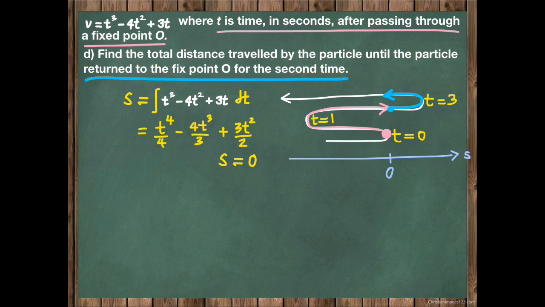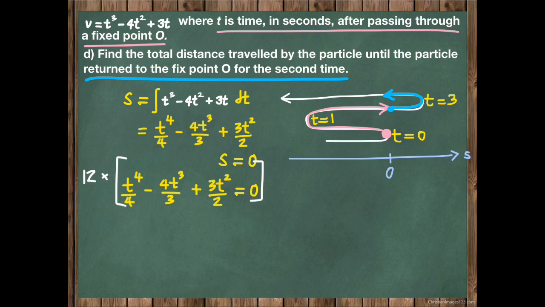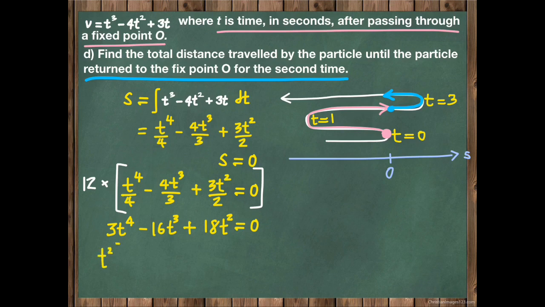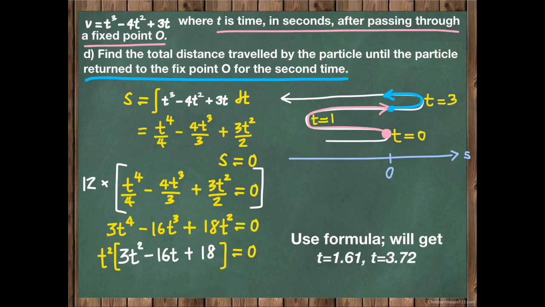So we make s equal to 0 to determine the value of t when the particle is at the fixed point O. Then next we multiply the equation by 12 to turn it into general form. Then we factorize t², so we get t² times (3t² − 16t + 18). Since we cannot factorize the expression in the bracket, we use the formula, and then we get t equal to 1.61 and t equal to 3.72.